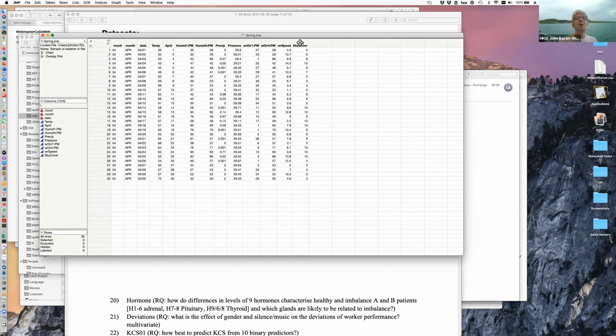And then lastly, we've got this variable called sky cover. So sky cover is an ordinal variable. So this is, I believe, a relatively subjective scale assessing how much of the sky is covered with clouds. So 0 means absolutely clear sky. 10 means the clouds completely cover the sky.